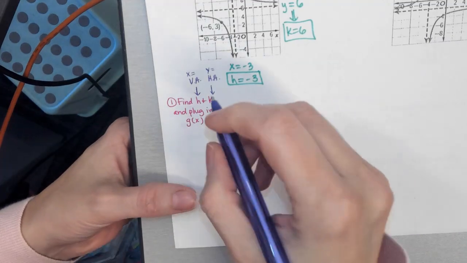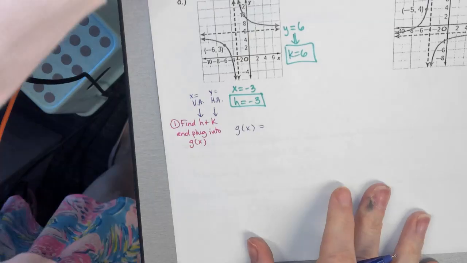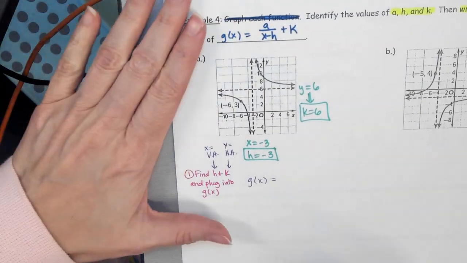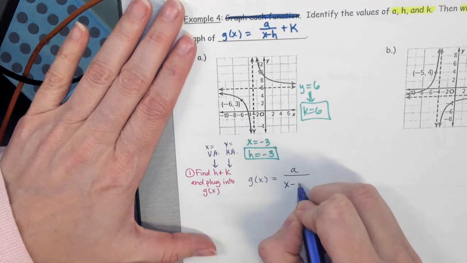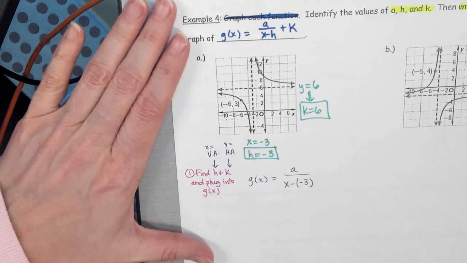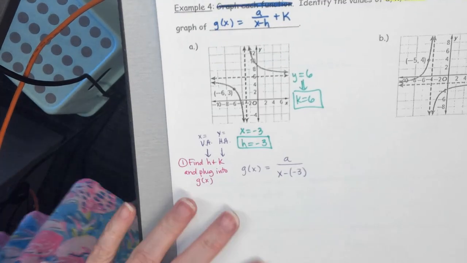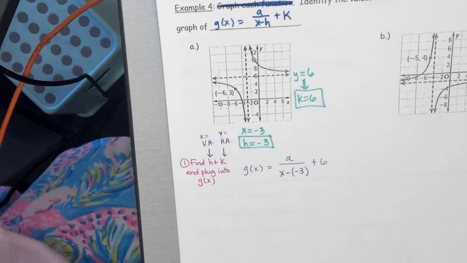All right, so if we're plugging this into g of x, our formula, our function notation, is g of x equals a over x minus h. So h is -3, so it's going to be x minus -3. And then plus k is going to be plus 6.